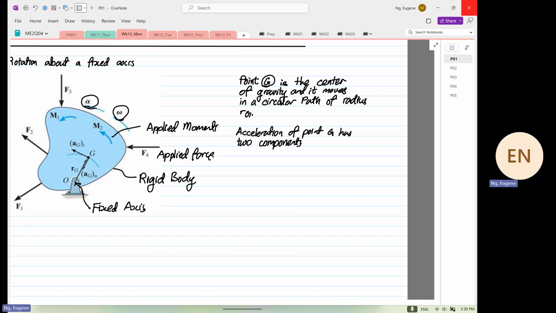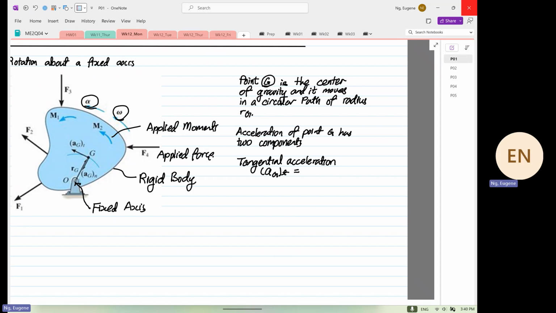The first component is the tangential acceleration, which we denote as AGT.